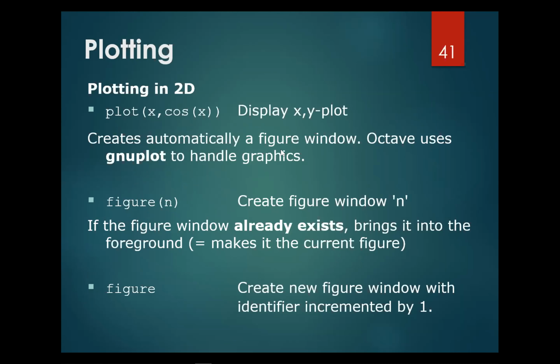Then it will number that graph window as figure 2. So n is any integer at all. And if you just make it figure, it will create a new figure window with identifier incremented by 1. So if I create a graph and I have figure 1 there, then I create the next one, by default the first one will be figure 1, the second one will be figure 2, in that order. So that is how we use figure.